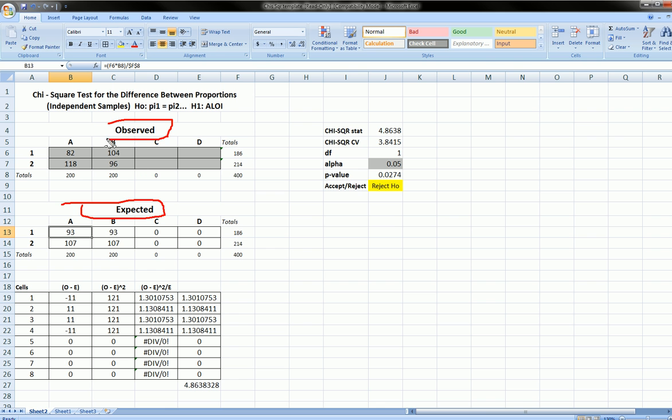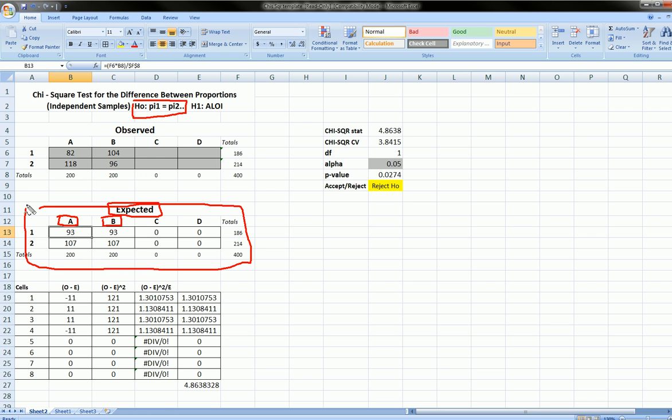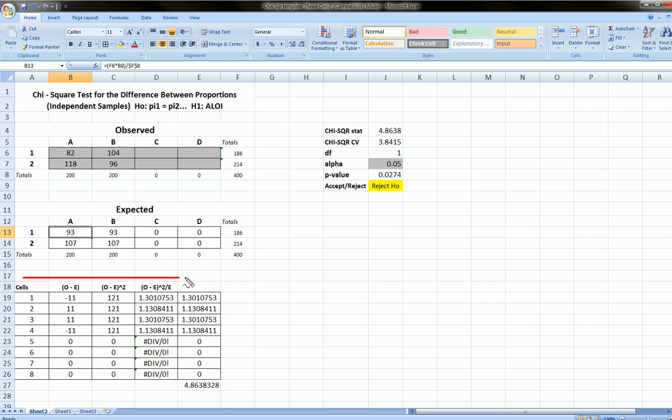So we start with observed. This is what you actually observed in your survey. This is what you would have expected if the 2 groups were equivalent. In other words, if the null hypothesis was true, you would expect these results. Now what you're doing here is comparing what you actually observed to what would be expected if the groups were the same.